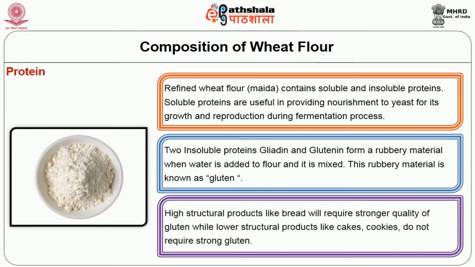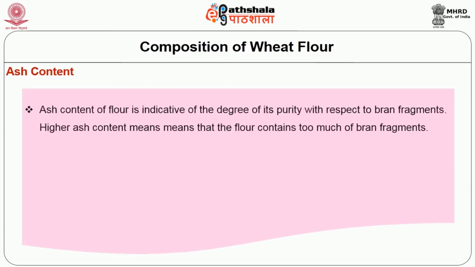High structure products like bread require a stronger quality of gluten, while lower structure products like cakes and cookies don't require such gluten. Ash content of flour is indicative of the degree of its purity with respect to bran fragments. Higher ash content means that the flour contains too many bran fragments.